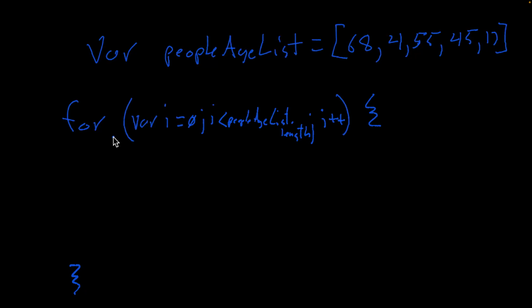I'll do that in red to differentiate here. If, parentheses, i equals 10. Equals 10, do they have to be exactly 10 years old to get the discount? Oh no. Less than or equal to. If i is less than or equal to 10. Yes.